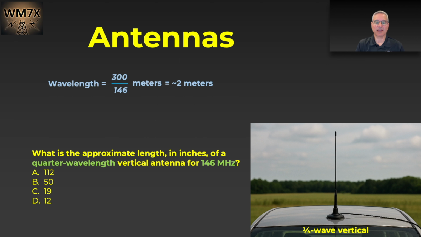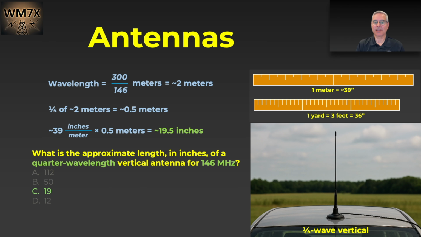And we get a wavelength of about 2 meters. But we only want a quarter wavelength. That's what the question asks us. So that's about a half of a meter. A quarter of 2 is about a half. And since we're asked for inches, and we know there are about 39 inches in a meter, that gives us about 19.5 inches. So bingo.